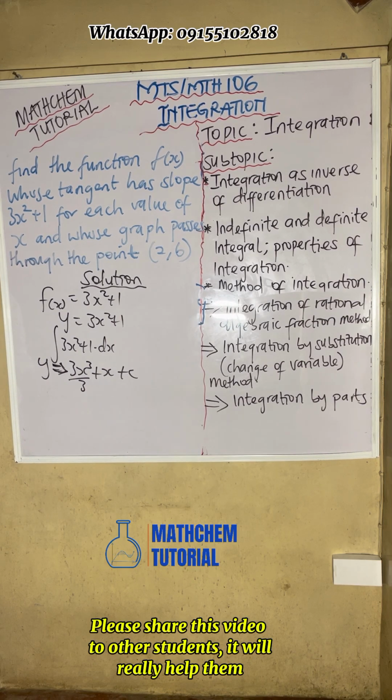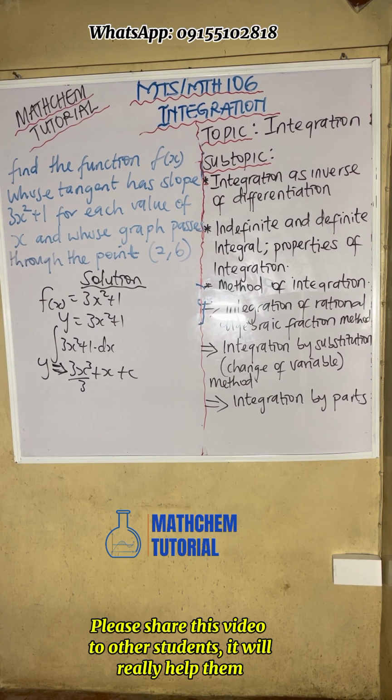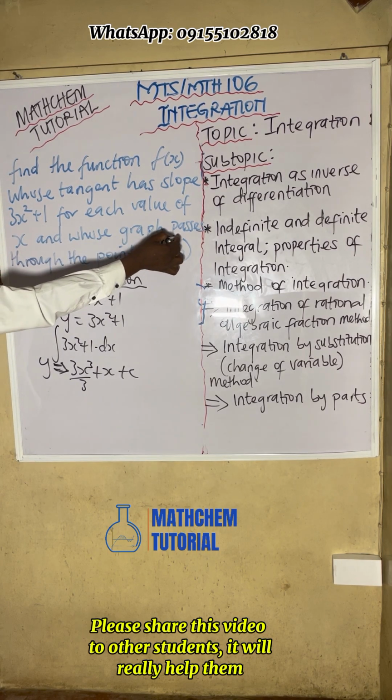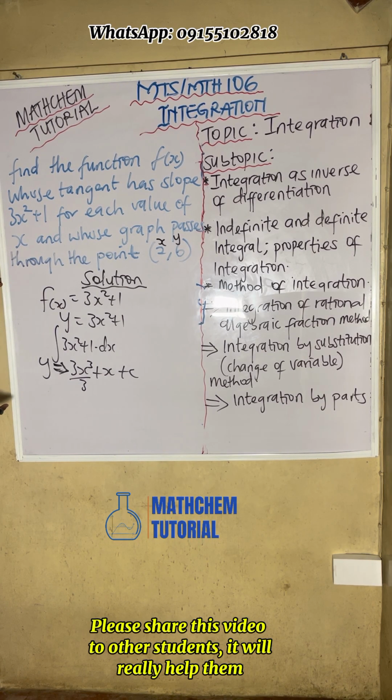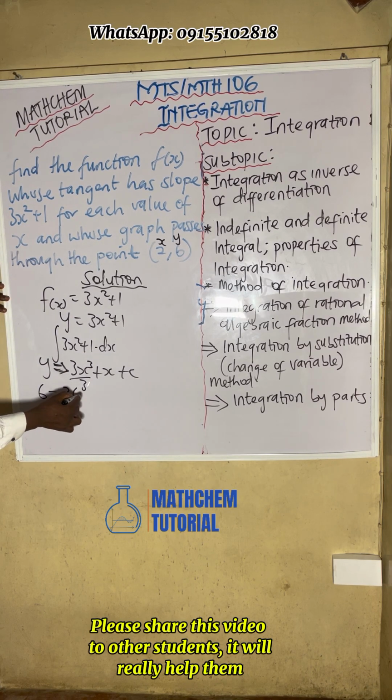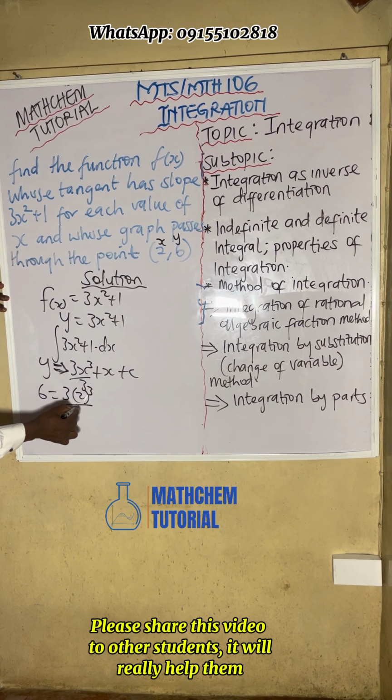So after the integration, which is 3x squared plus x, then you are given, they said whose graph passes through the point (2, 6). In a graph we usually have x and y. So this is our x and this is our y. We're going to substitute the value for y, which is 6, and the value for x, which is 2. So 6 equals 3 bracket 2 cubed all over 3.